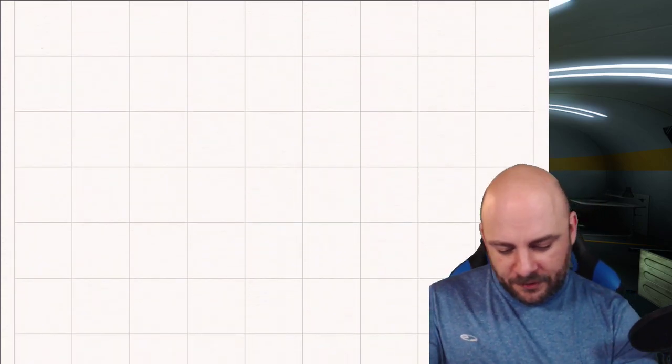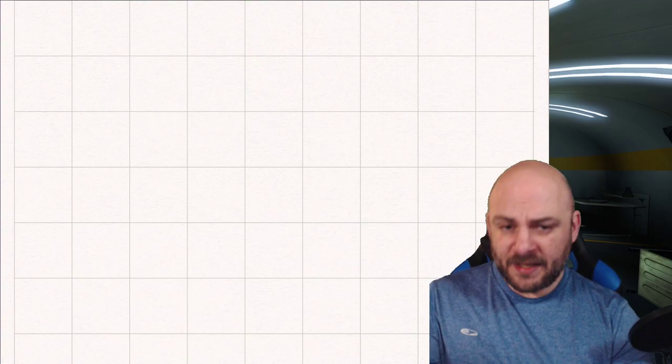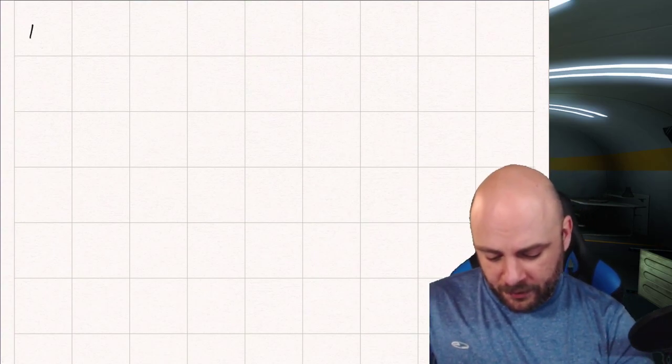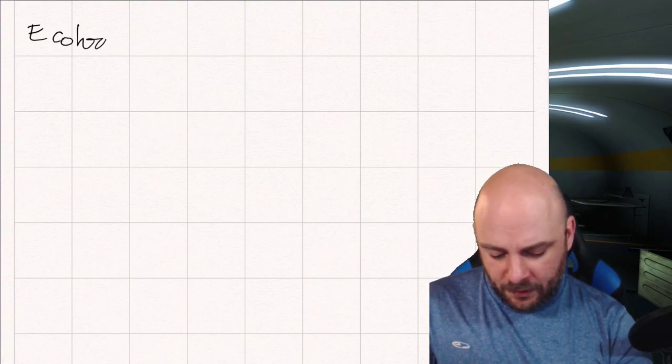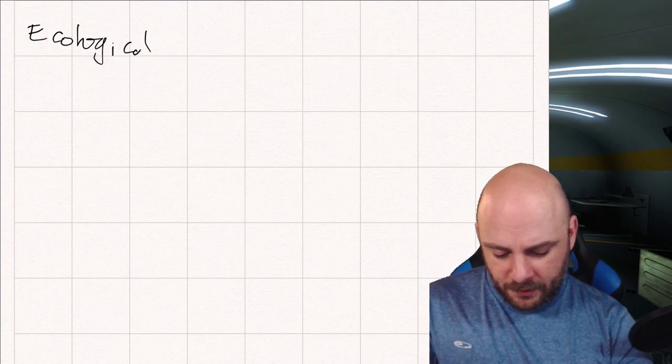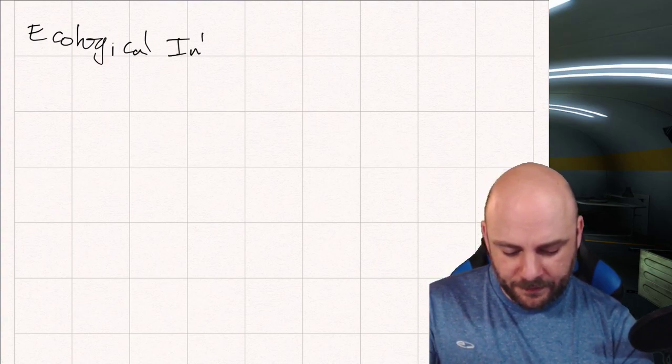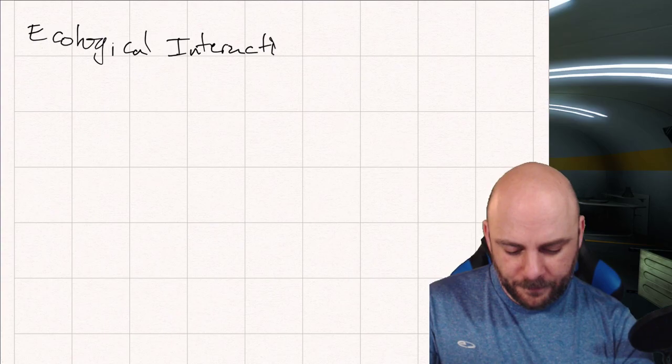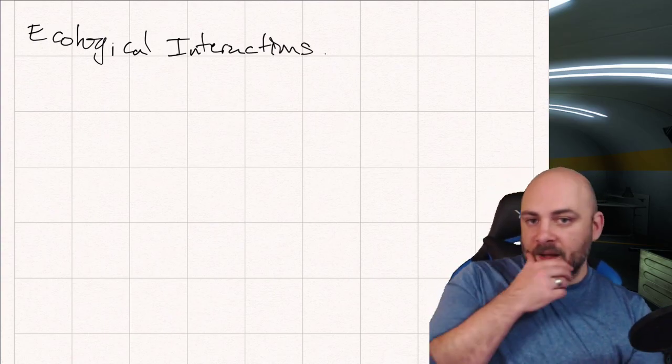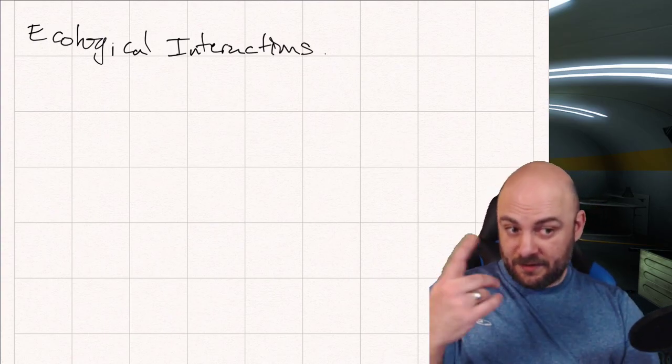Another example of a nonlinear system that we have discussed in some detail is ecological interactions. Okay, and the way I like to think of these things is the following.